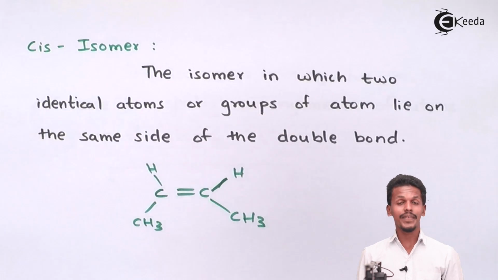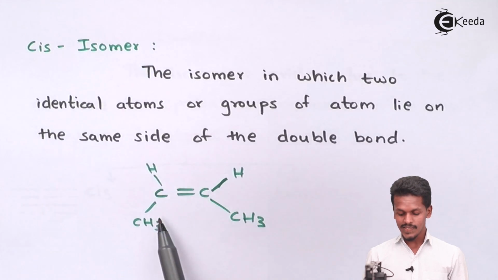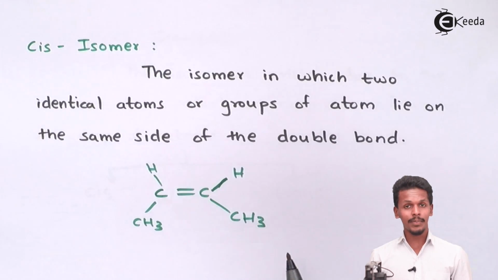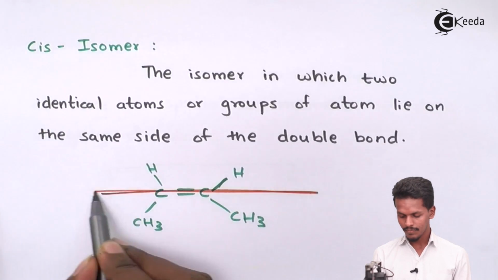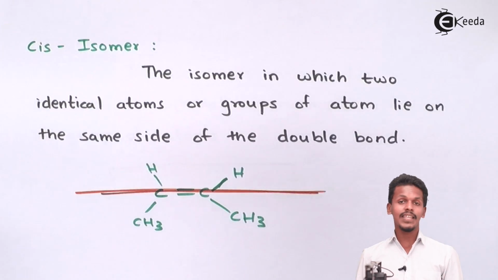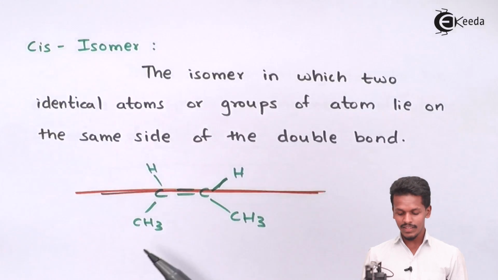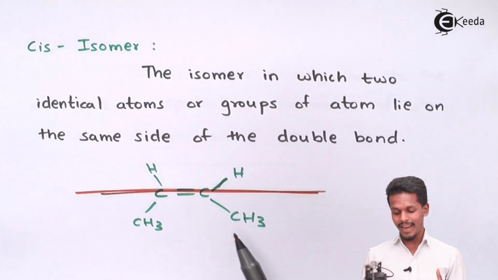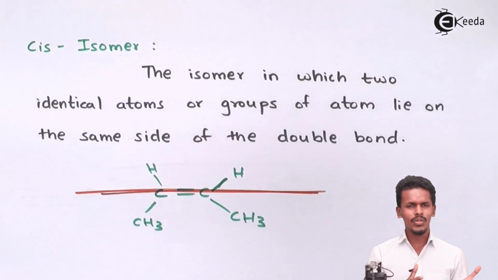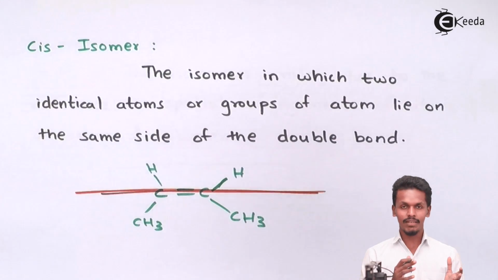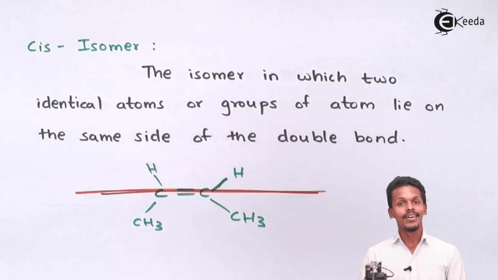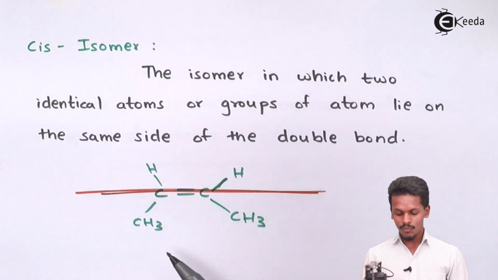If we divide the carbon-carbon double bond in this manner, then we could see that the 2 groups, the CH3 group and again the CH3 group, are similar groups, so they will be on the same side, that is on the lower side, in a 2-dimensional manner.